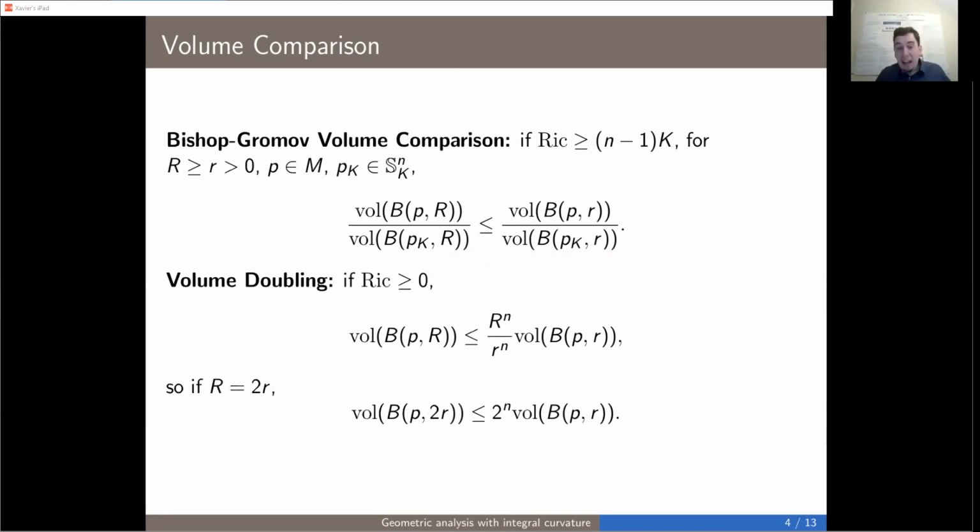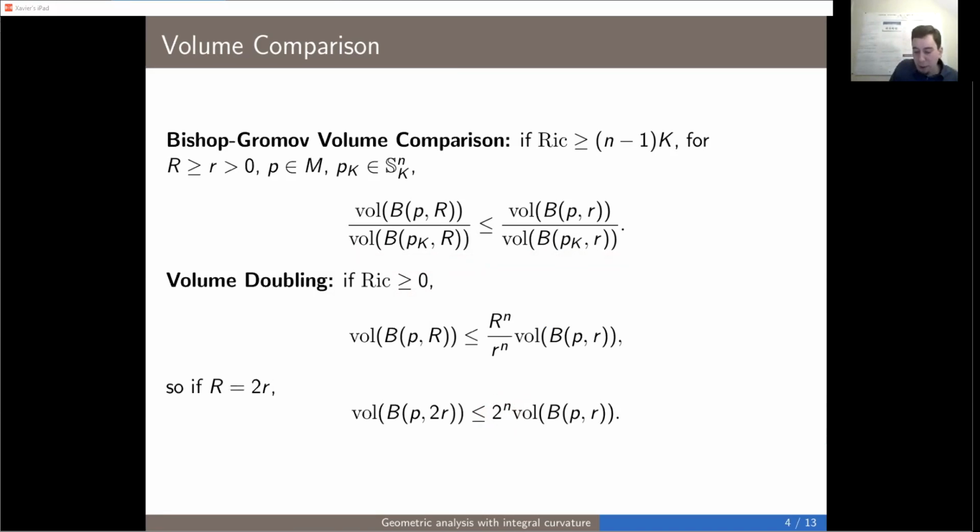Okay. Maybe the only thing I want to point out here is that these estimates, and all the estimates that I'm going to be showing you today, are uniform in the class of manifolds with these curvature assumptions. If you see the constant here, this constant only depends on the dimension of your manifold, right?